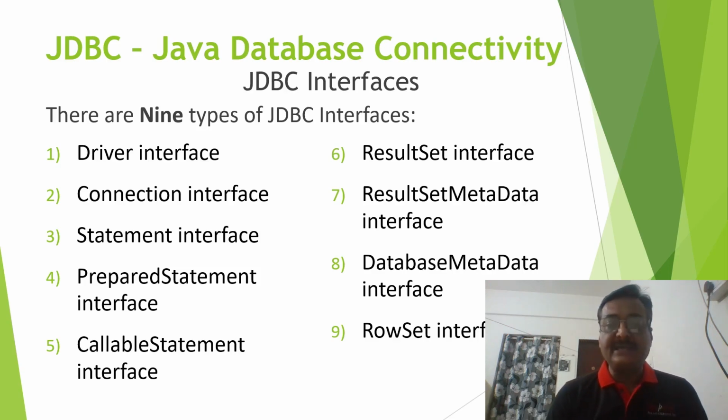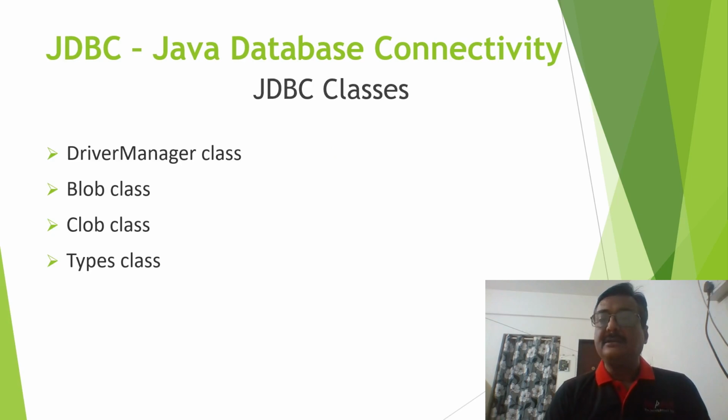So these are mainly the 9 interfaces available in the java.sql library, which will provide us the connection with the database. The classes: mainly there are 4 classes: driver manager class, blob class, clob class, and types class. 4 main classes.